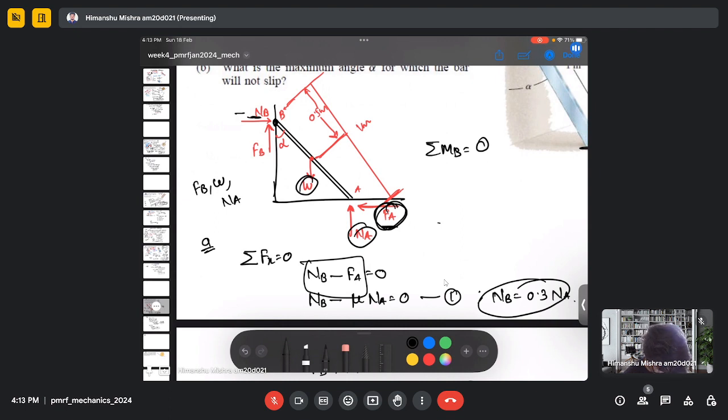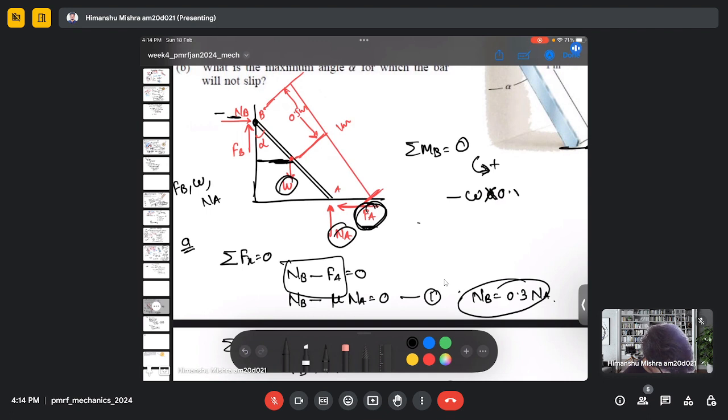So the moment will be given as, and I am considering the moment which is positive in the anti-clockwise, so it will be W multiplied by this distance, which is 0.5 sin alpha.